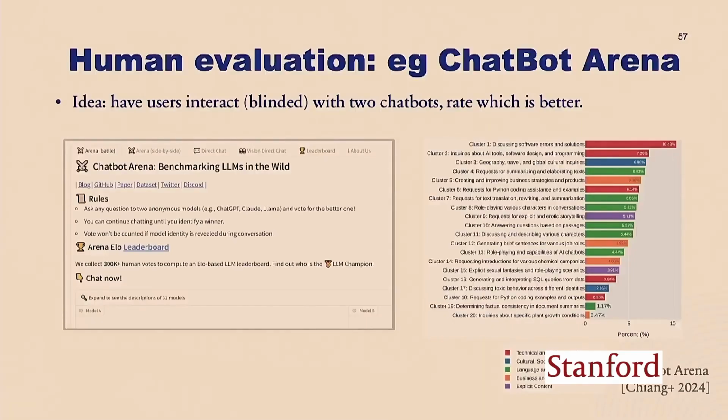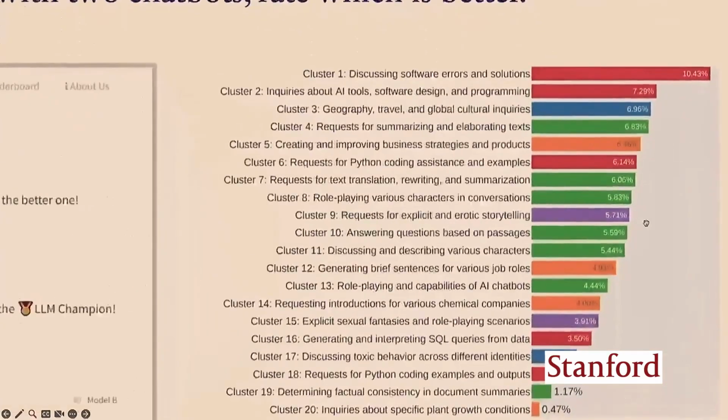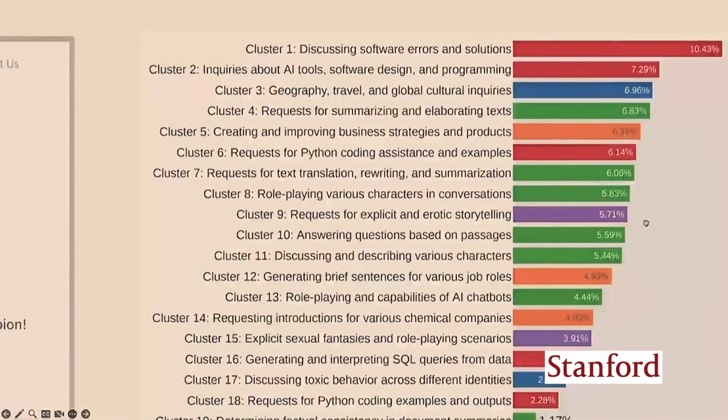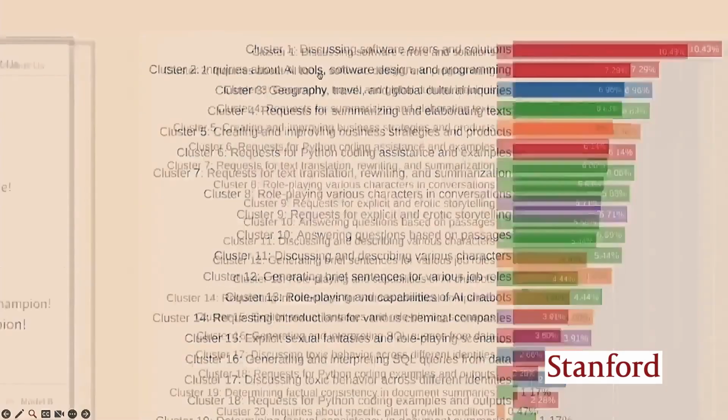You do that over hundreds of thousands of users, and then you get the actual preferences and you get rankings of models. You can go right now on Chatbot Arena and actually interact with these models. One potential issue, just to highlight, is that people who want to do these things are usually more tech-savvy, so a lot of the questions are tech stuff, discussing software errors, inquiries about AI tools, and all of these things.